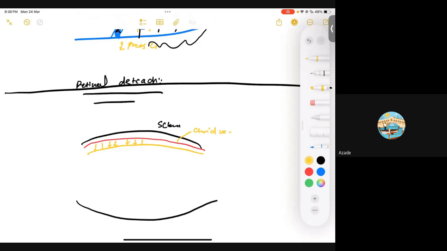If we have separation of the retina due to certain pathology, which we'll be discussing in a while, it would lead to loss of choroidal blood supply, and that would lead to hypoxia of the photoreceptors. Now we do not have blood supply because we have pulled off the retina from the choroid, so it would undergo ischemia or hypoxia, right? Is that clear?